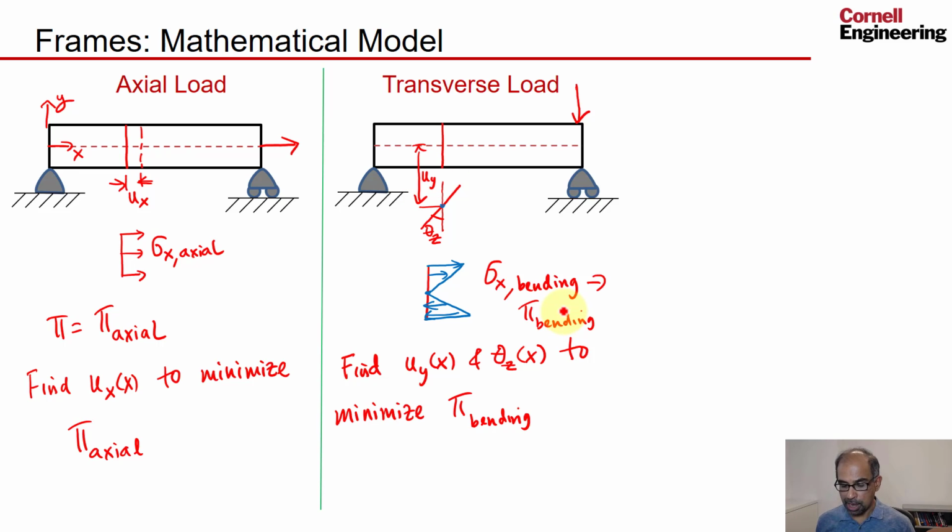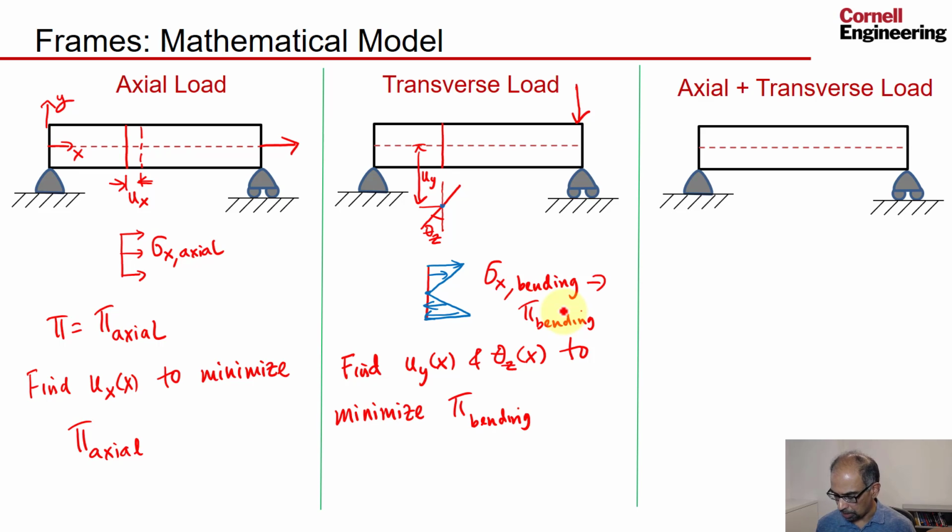Now in the frame mathematical model, you combine both effects. So you have axial plus transverse loads. So you have an axial load and you have the transverse load, and the cross section then is going to move to the right, same thing, but it's also going to move down and it's going to rotate. And if these displacements and rotations are small, you can just add these two effects, and that's what the frame mathematical model does.